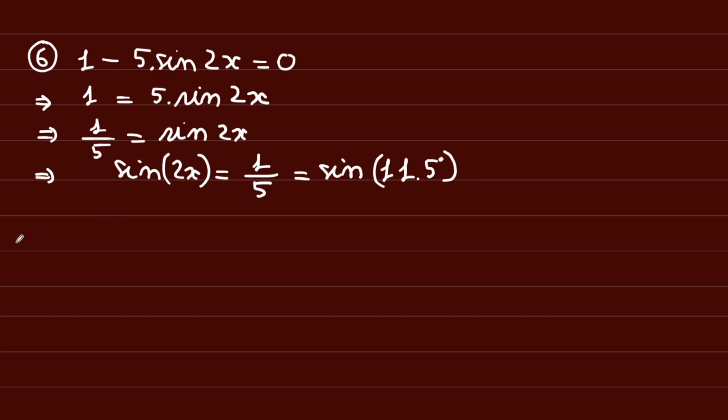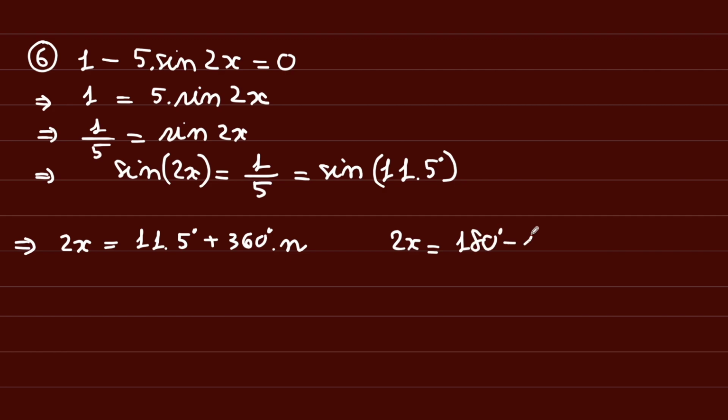And we have two solutions. Yes, of course, 2x equal to 11.5 plus 360 degree multiply n. And the second one, 2x is 180 degree minus 11.5 plus 360 degree multiply n.